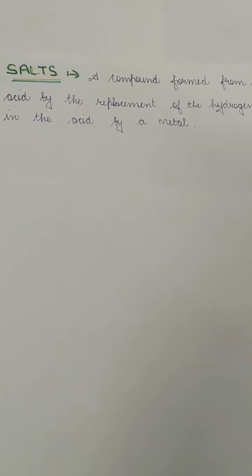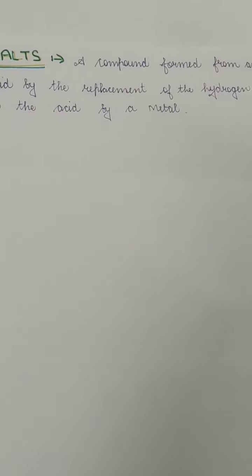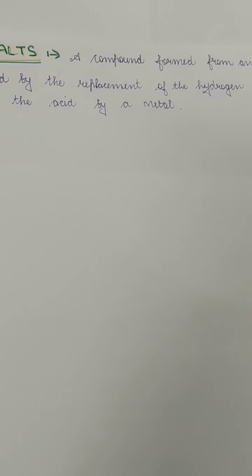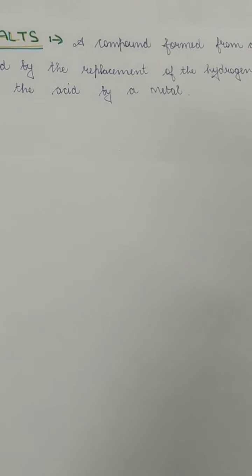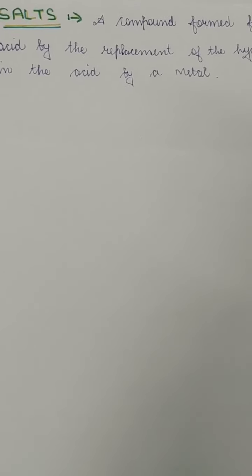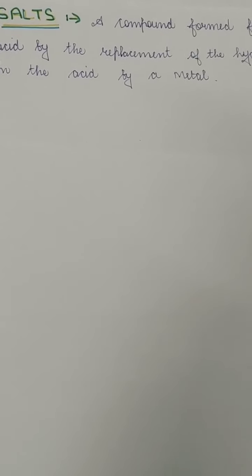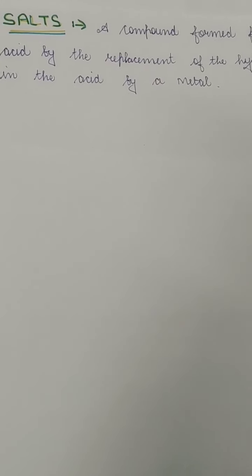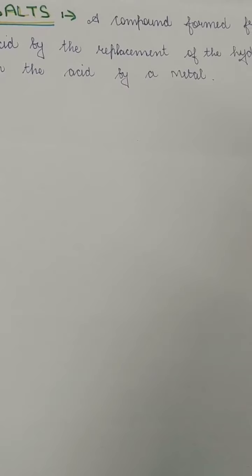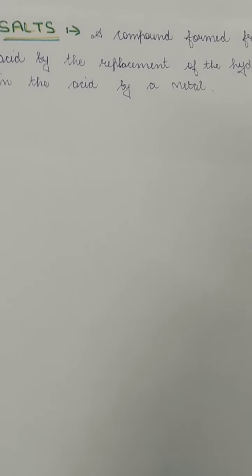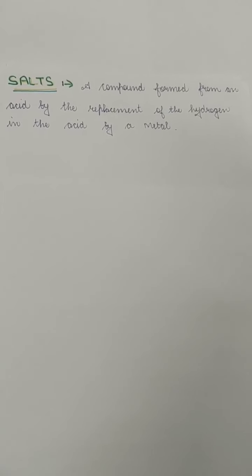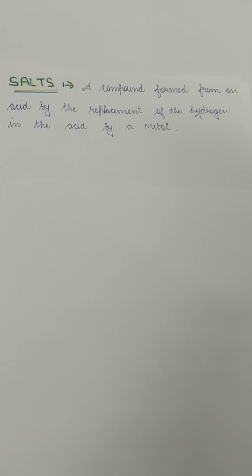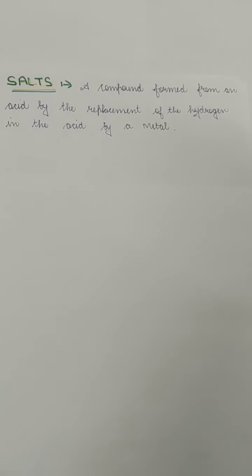Whenever the hydrogen of an acid like HCl is replaced by a metal, a salt is formed. Like HCl plus NaOH, the H is replaced by Na, that is sodium, so NaCl is formed, which is a salt, sodium chloride. So the definition of salt is a compound formed from an acid by the replacement of the hydrogen in the acid by a metal.